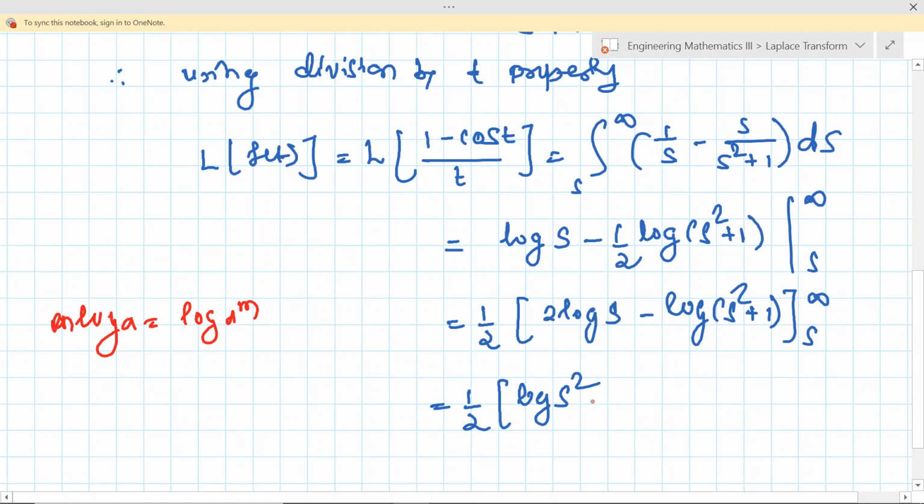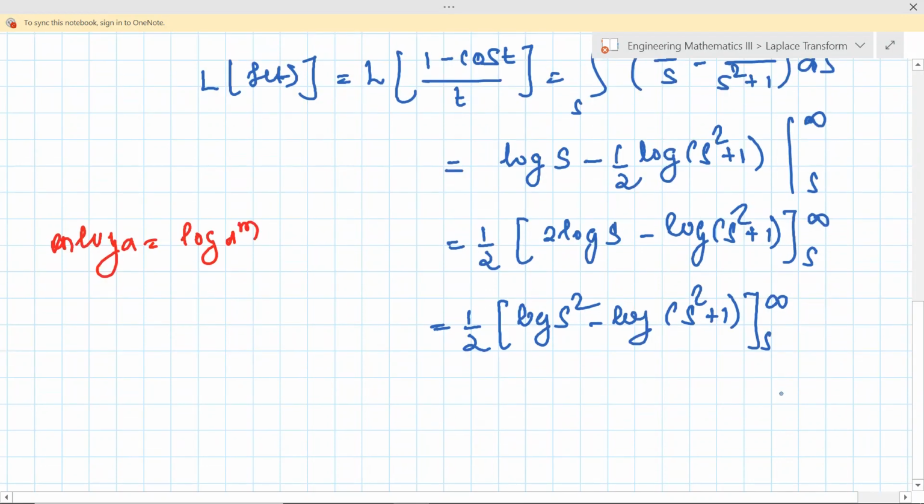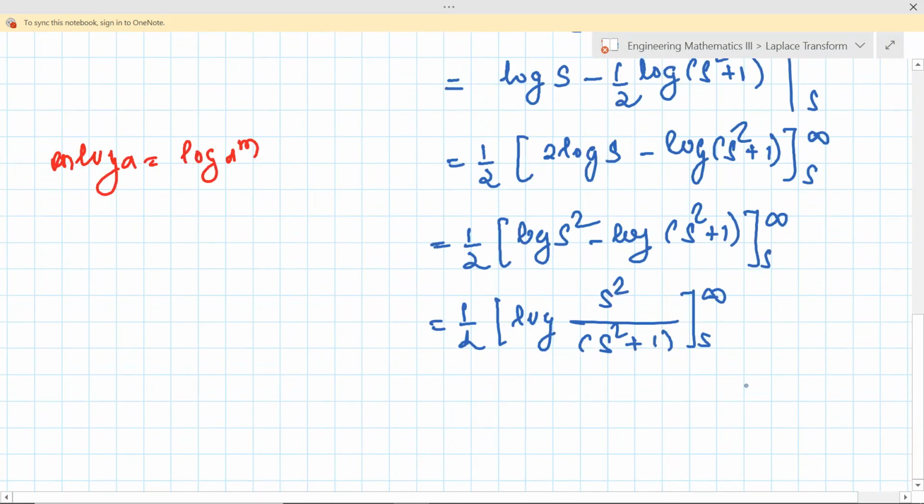This 2 goes into the power. This is minus log of s square plus 1 from s to infinity. And log a minus log b is nothing but log of a upon b, so s square upon s square plus 1, from s to infinity.